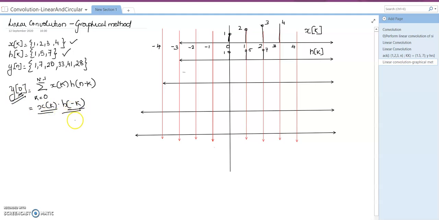Now x of k is basically the signal that is available over here, and you have no doubt about it, it's the same. But you have to operate it with h of minus k.